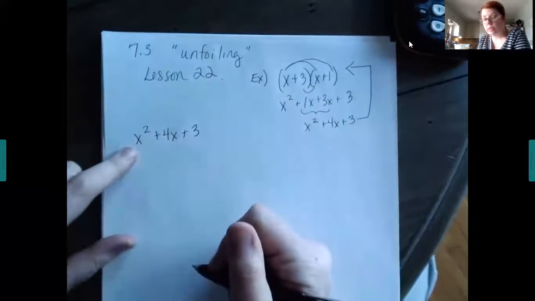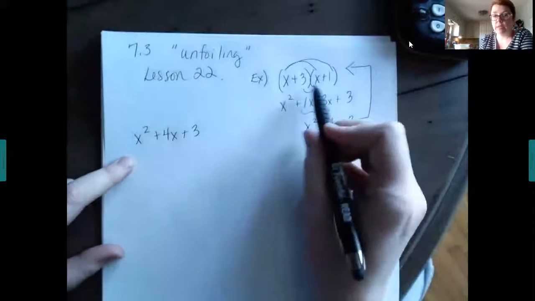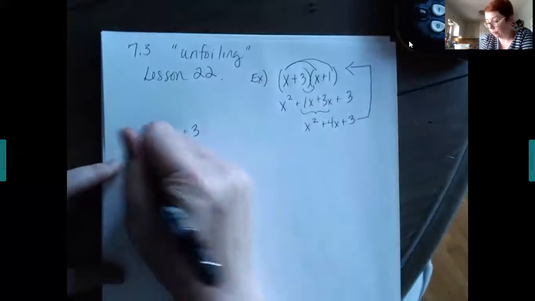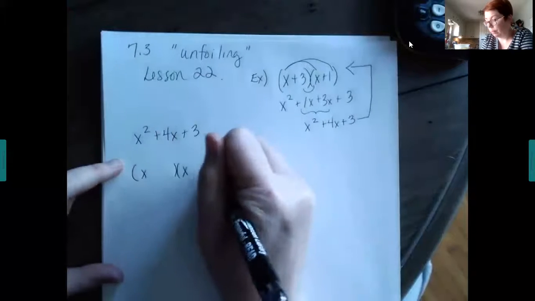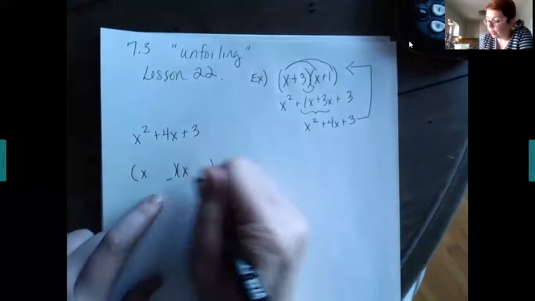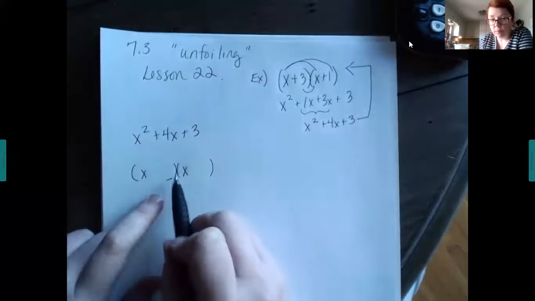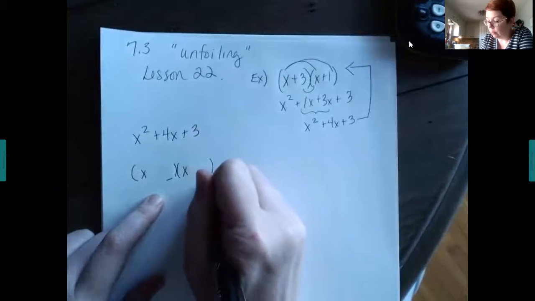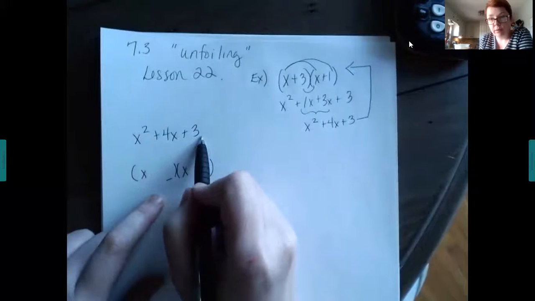In order to get x squared, I know I need to do x times x. Okay? And then back here, I know I had to multiply this term times this term in order to get here.